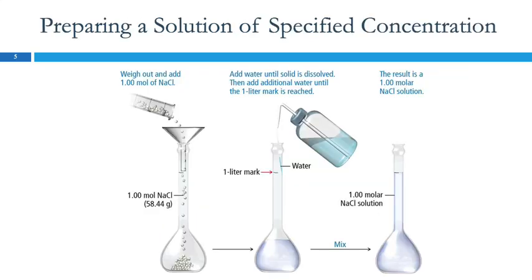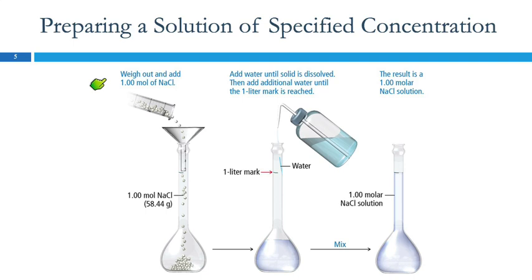Here's an example of how we can make a solution with a specific concentration, and we'll be doing something like this in an experiment that's coming up. This is called a volumetric flask, and it is specifically designed to hold a particular volume and measure that precisely and accurately.